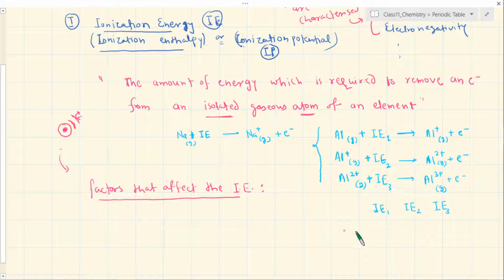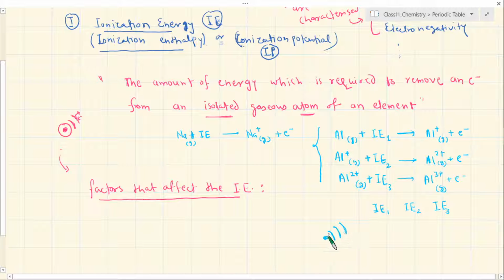Think about this aluminium, for example. Let's just say here you have an aluminium atom, and there is a nucleus here, and let me say that it has 1s, 2s and 3s and 3p here. This is the third shell in which you will have 3 electrons.